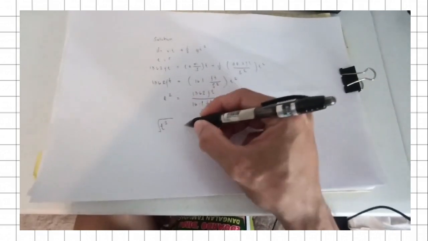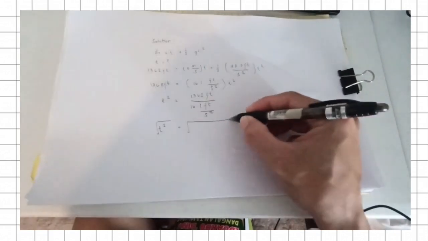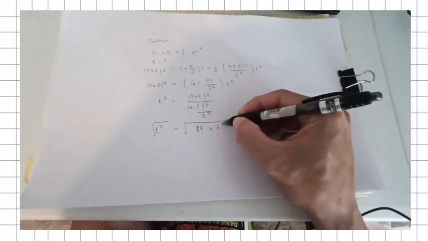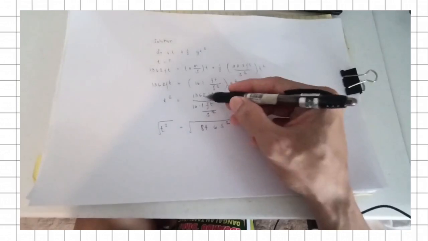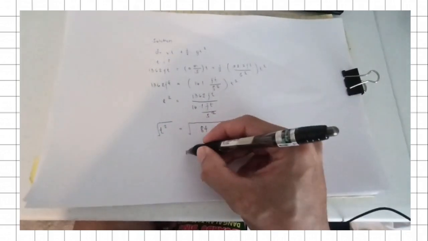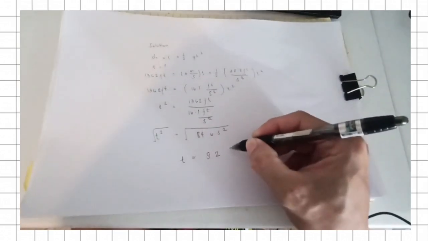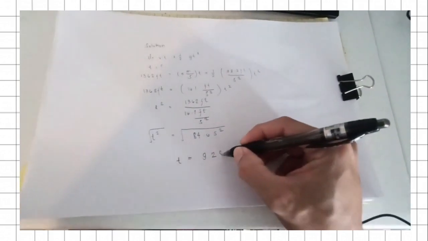Square root of time squared equals square root of 84.6 second squared. And the answer to this problem would be 9.2 seconds.